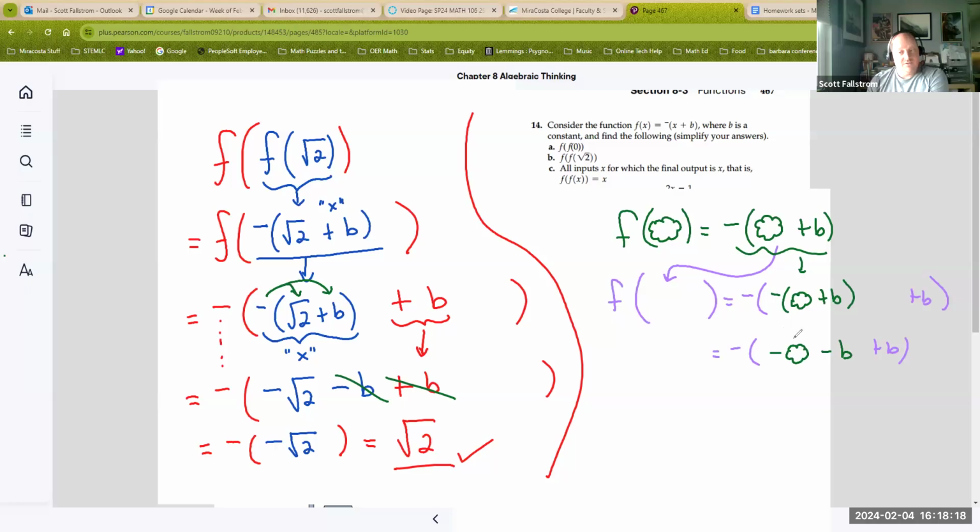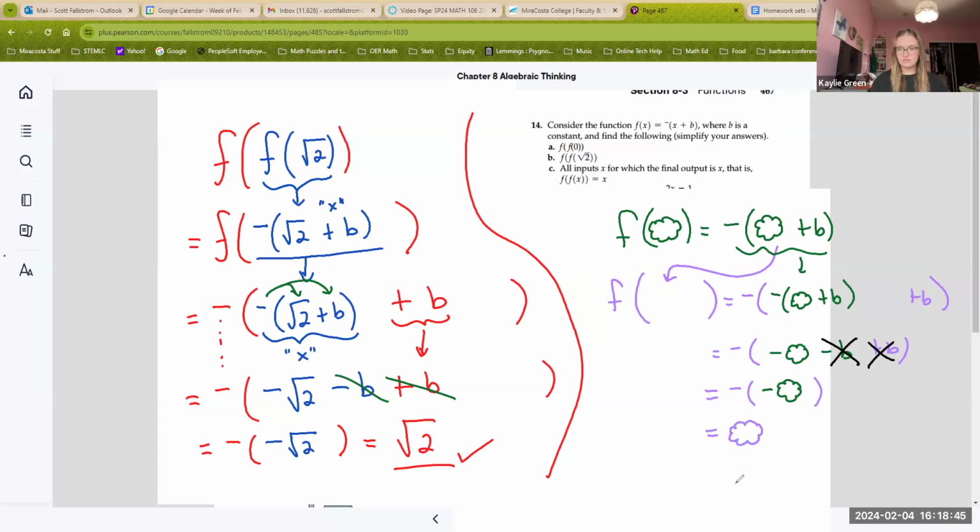Are you okay with what I've done so far? I'm not trying to lose you. Then you'd see exactly what you saw and say, these are gone. And to me, the beauty of this is what's left is just that chunk. When I take the opposite of the opposite, what do we get? Positive.